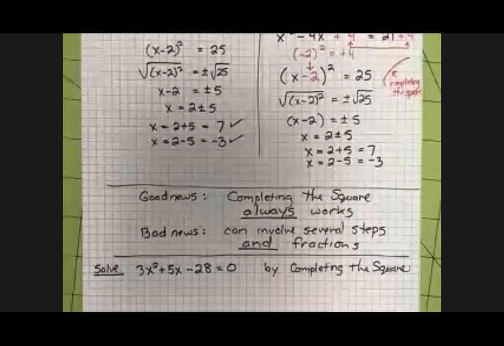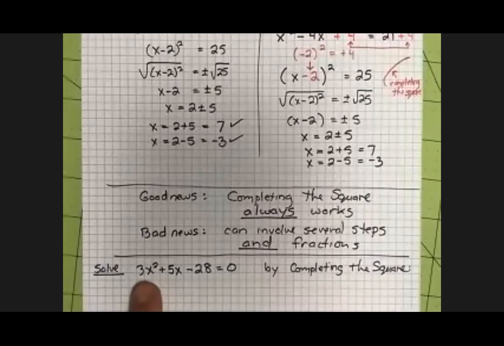Okay, step number 1: I've got this 3 in front of the x squared, and I don't have any space to put in the thing that can complete the perfect square. So first, I'm going to move the 28 over to the right. Add 28 to both sides so I can put in the number that fixes the perfect square here.